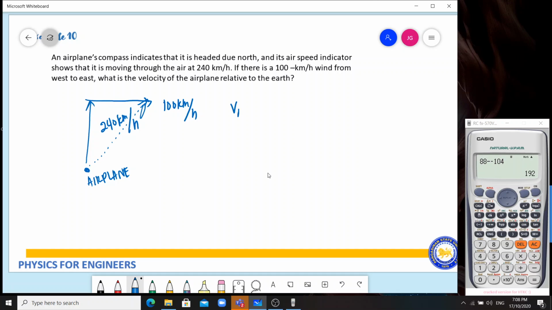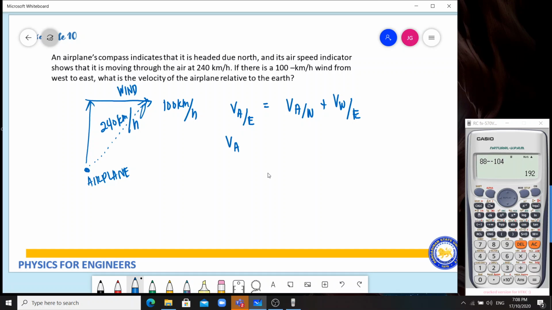So, velocity of the airplane relative to the earth equals velocity of the airplane relative to the wind, airplane tsaka wind, plus velocity of the wind relative to the earth. Okay. So, ganyan siya. Okay.